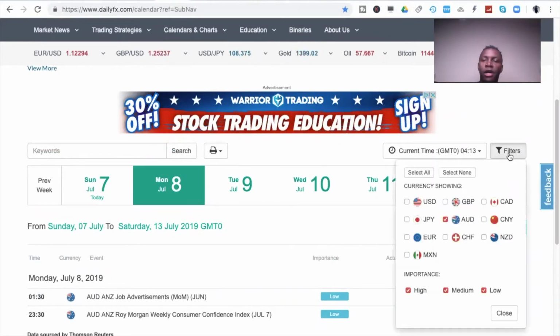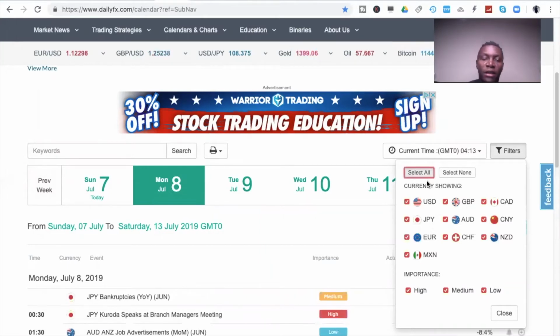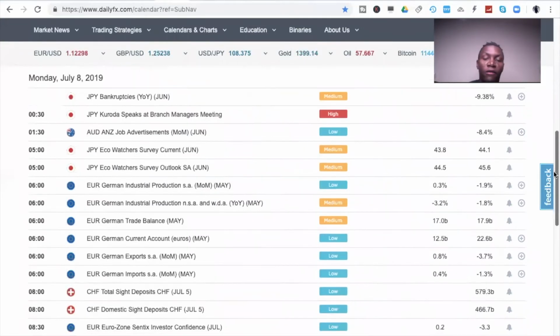You see all of the news events that happen with all the currency pairs. If I select all, it'll bring up all of the events.